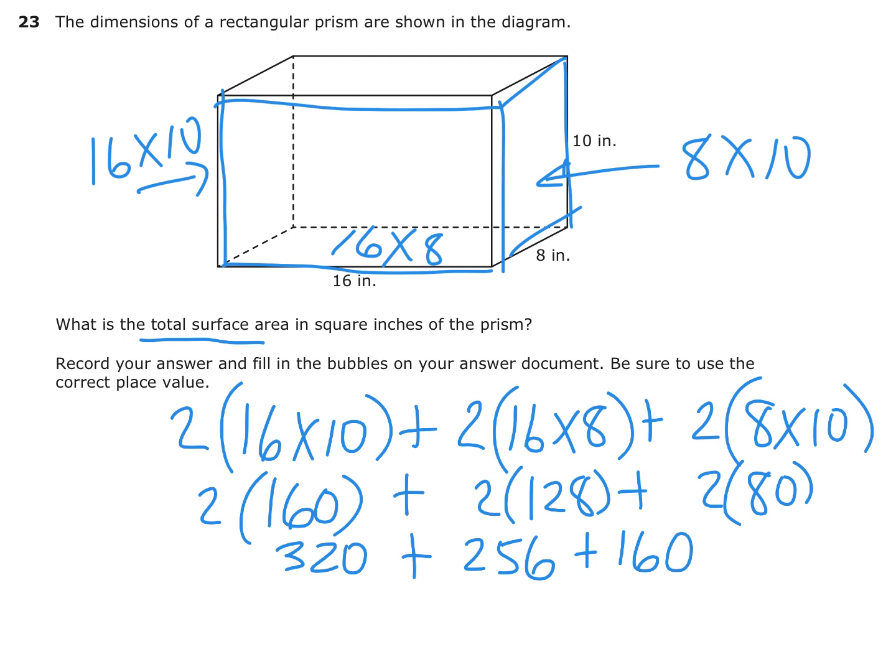When you add those up, 320 plus 256 plus 160, you have 736, which is the answer. So 16 by 8 is the top and bottom, 8 by 10 is the right side and the left side, and 16 by 10 is the front and the back. There are two of each.